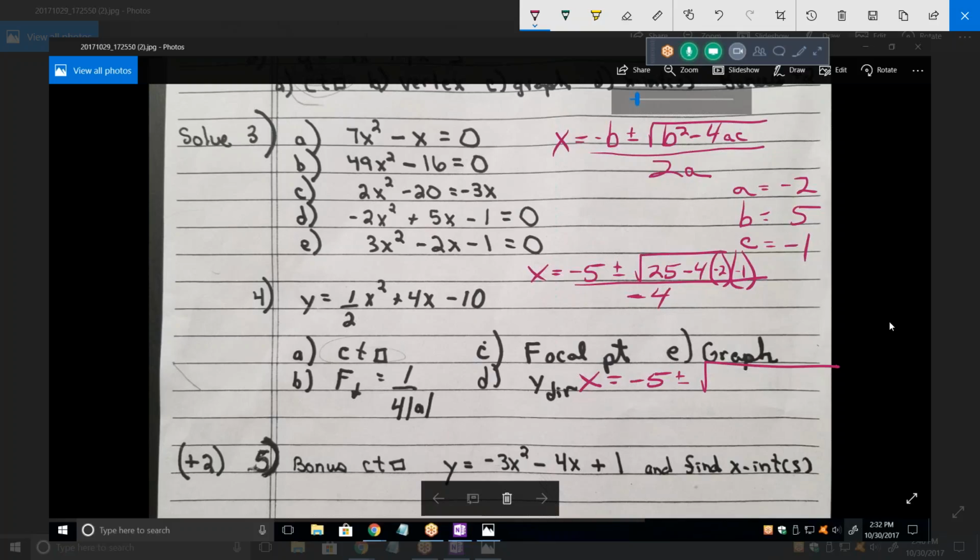The reason people make mistakes here very easily is they try to do that whole thing in one step. They try to do 25 minus 4 times minus 2 times minus 1. Do not do it in one step. Do it in 2 steps. And the first step is very critical. That's the part you want to do first.